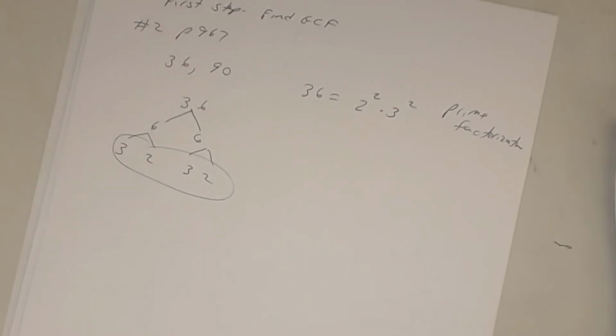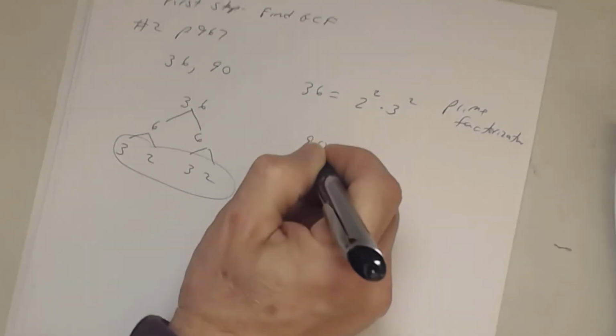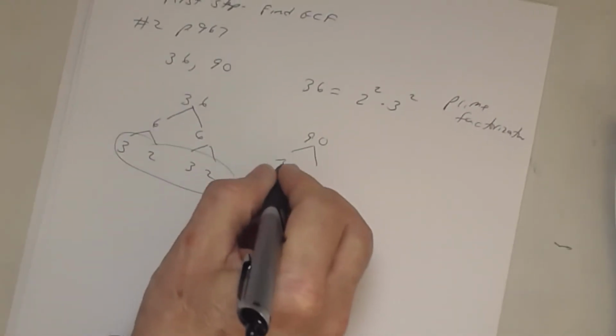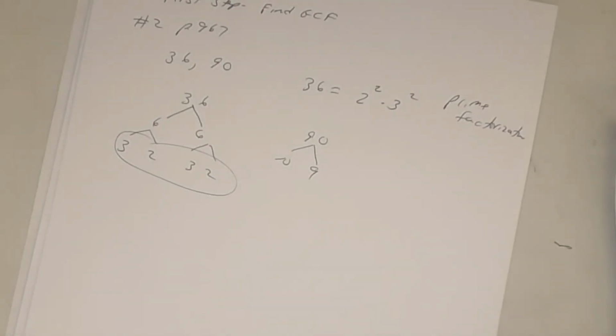All right, let's do 90. Give me 2 numbers whose product is 90. Any 2 numbers. You could say 10 times 9. You could say 3 times 30, right? You could say 45 times 2. It doesn't matter. Just give me any 2 numbers whose product is 90. 10 times 9. Are any of these prime?